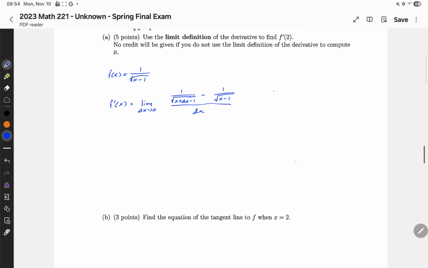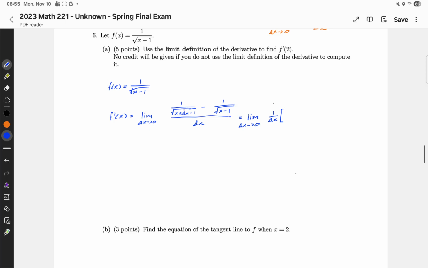For this first step, I'm going to rewrite this as the limit as delta x approaches 0. I'm going to pull this 1 over delta x to the front so I can multiply a little bit nicer. And I think I'm going to need the space, so I'm also going to multiply this first one by square root of x minus 1 over square root of x minus 1. Here, I'll write it up here.